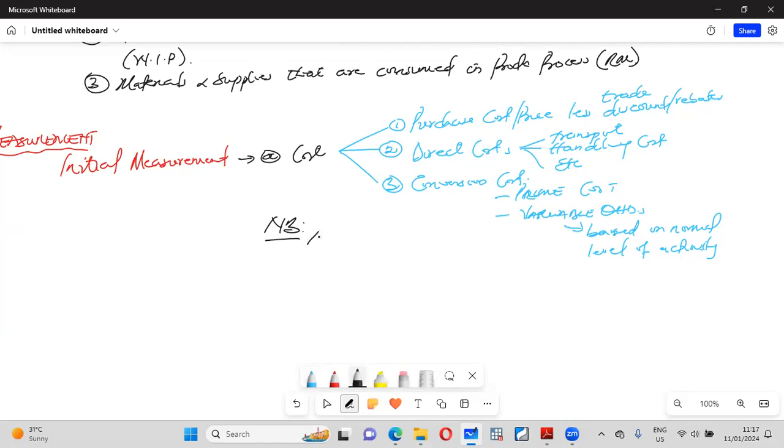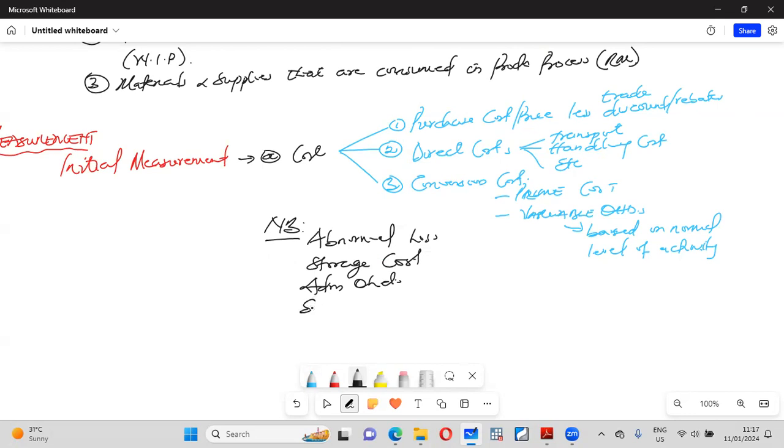We don't add abnormal loss as a cost. Abnormal loss is not added. Storage cost is not part of the cost of an inventory. Please take note of that. Administrative overheads, which do not contribute directly to bringing the inventory into its location, are also not part.